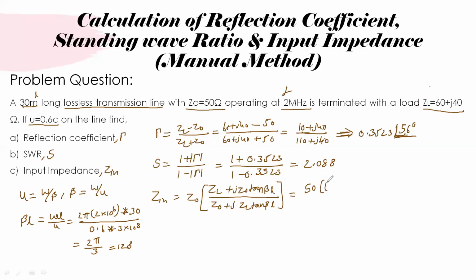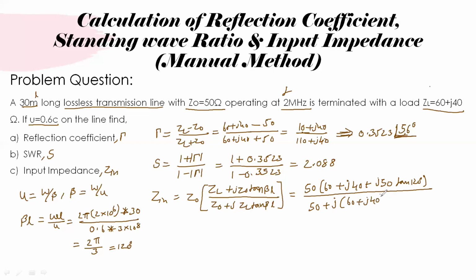50 into, I am writing the 50, that is Z0, with the numerator term, 50 into (60 plus j40 plus j50 into tan 120 degrees) divided by 50 plus j into (60 plus j40), that is the load impedance given.